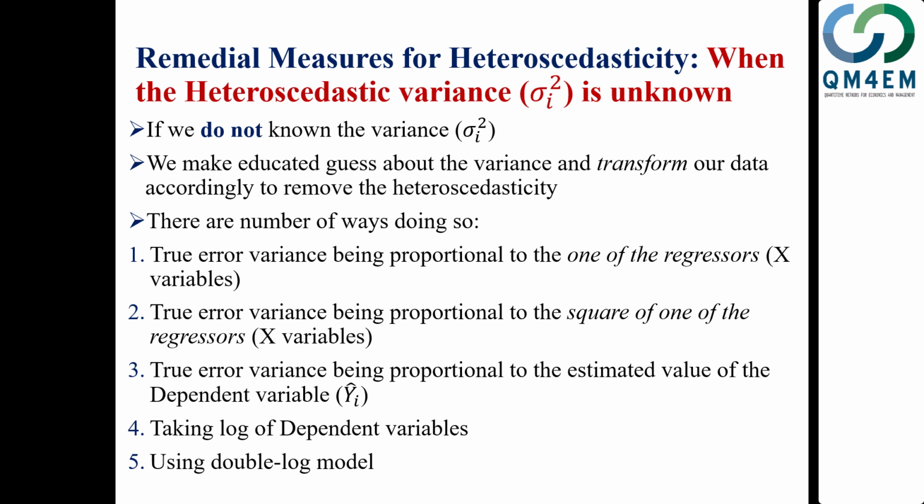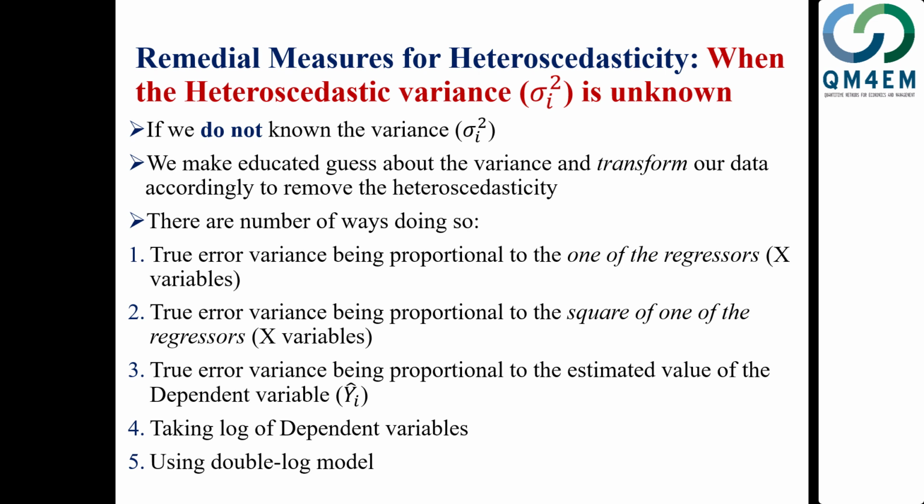The transformations which we discussed last time start with expecting that our true error variance is proportional to one of the regressors or the square of the regressors. In this case, we can use the regressor values or its square for transforming the original data to homoscedastic variance data, or we can use the predicted value of the dependent variable for the transformation. We can also try the log of the dependent variable or use a double log model instead of the original model in order to ensure that our data become homoscedastic.